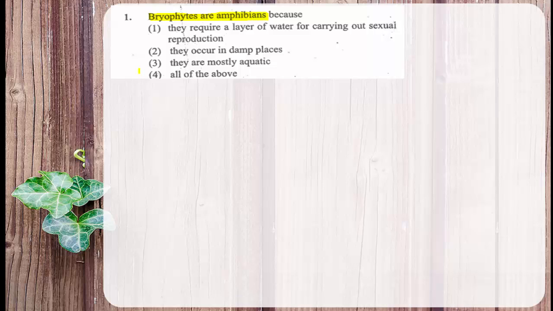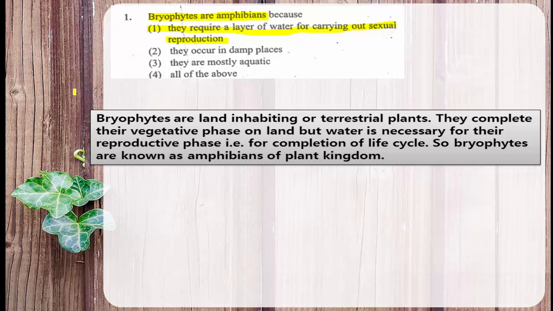Therefore, the right answer for this question is option 1. They require a layer of water for carrying out sexual reproduction. Bryophytes, even though they grow on the land, require water compulsorily for the transfer of male gametes into the archegonium. What is that archegonium?